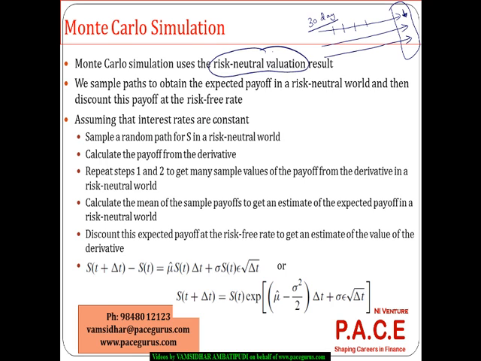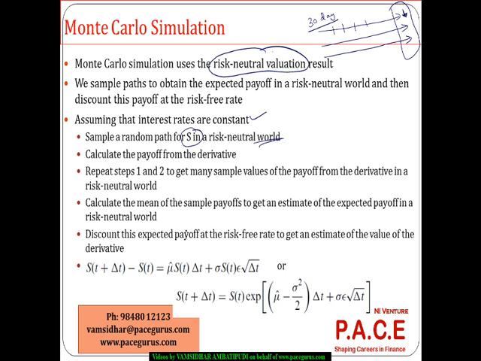Assume that the interest rates are constant. I sample a random path for S in a risk neutral way. How do I sample it?